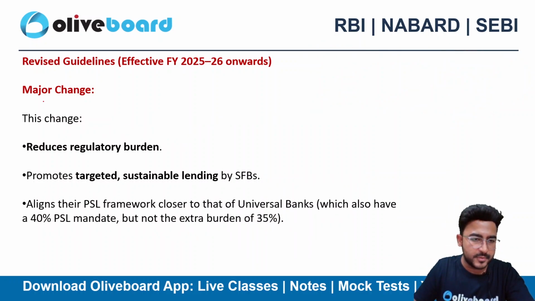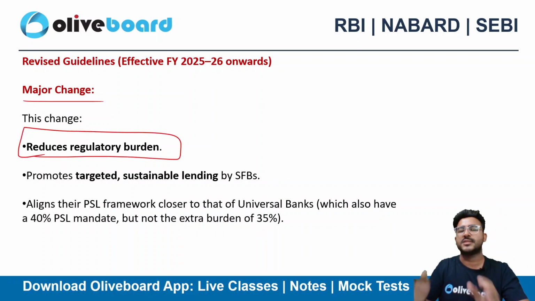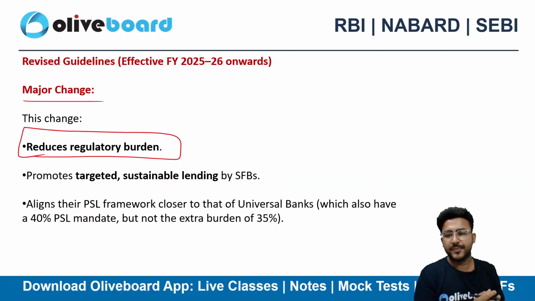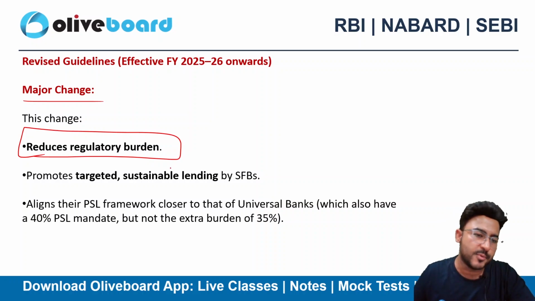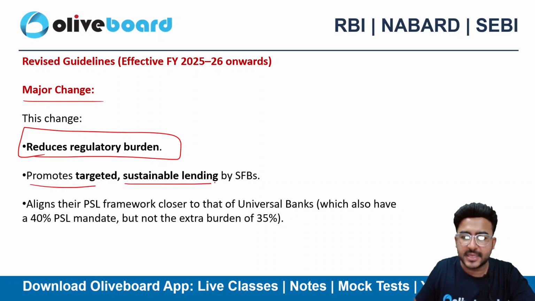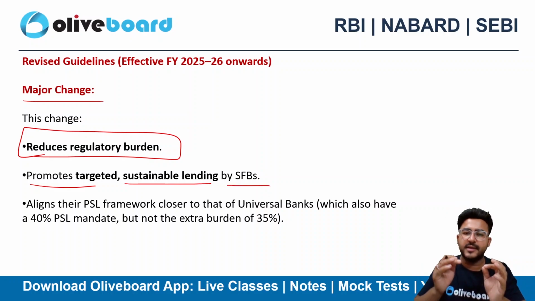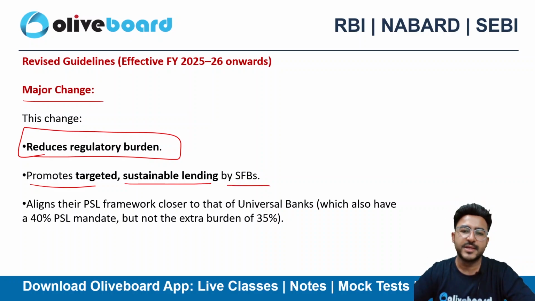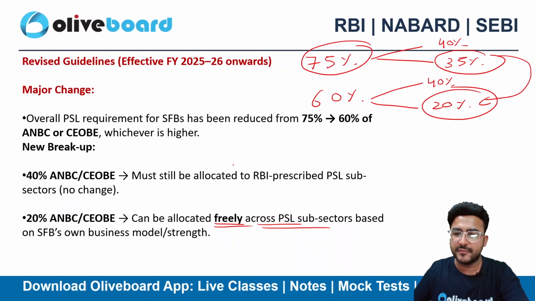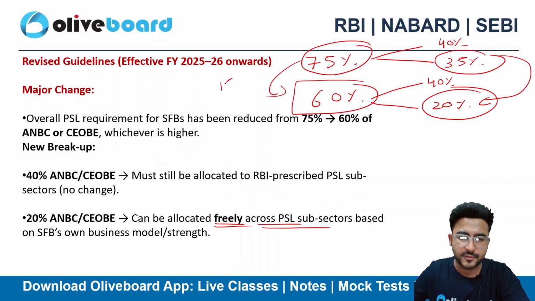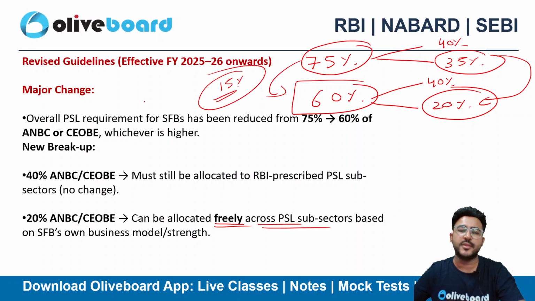What will be the major impact of this change? Definitely it will reduce the regulatory burden because they have slashed the PSL targets for small finance banks, and this promotes targeted sustainable lending, right? Now they have their own choice to lend the rest of the 15%, that is the reduction amount.